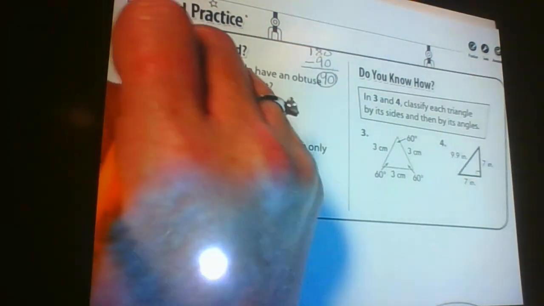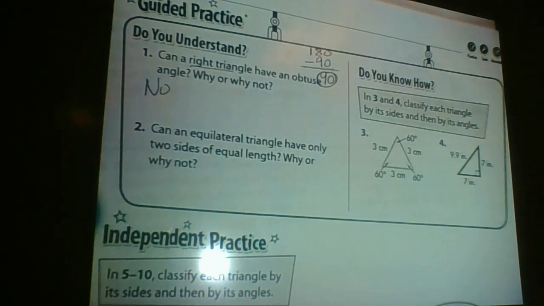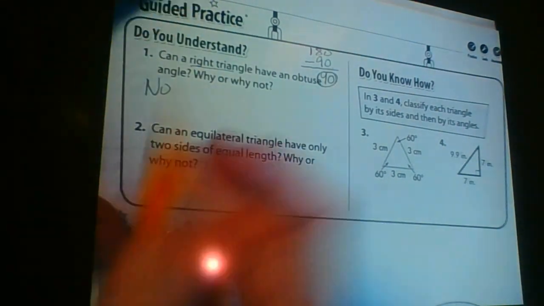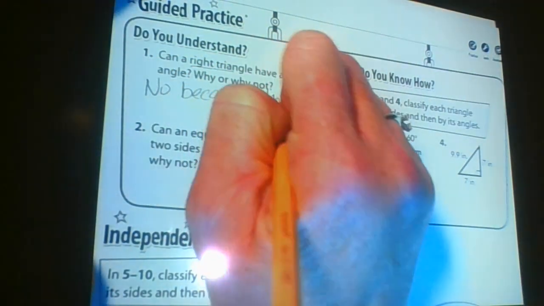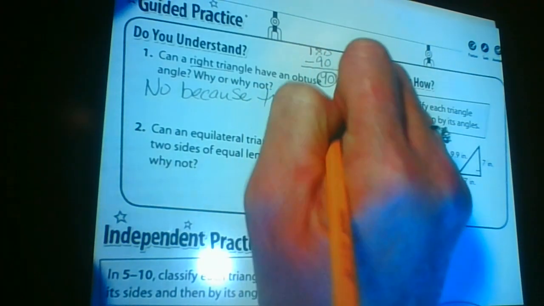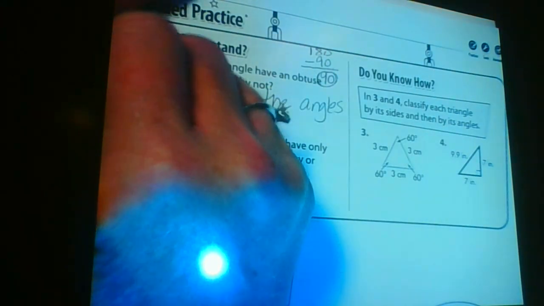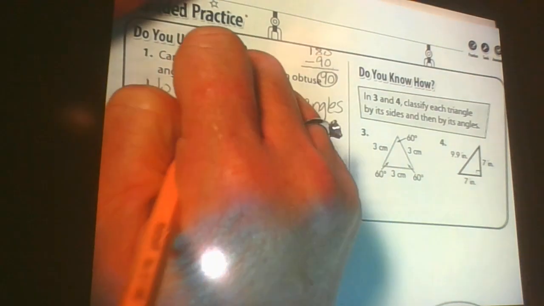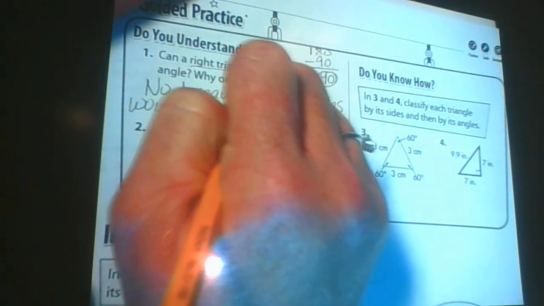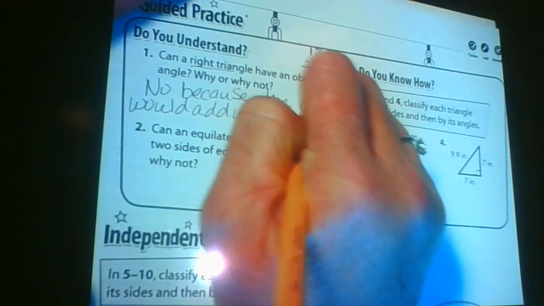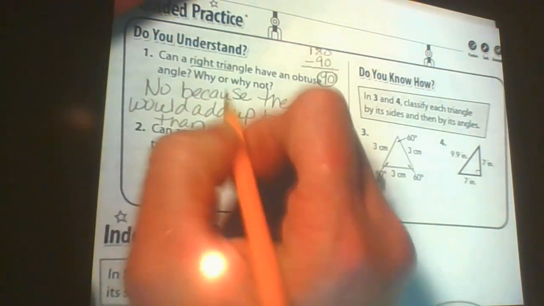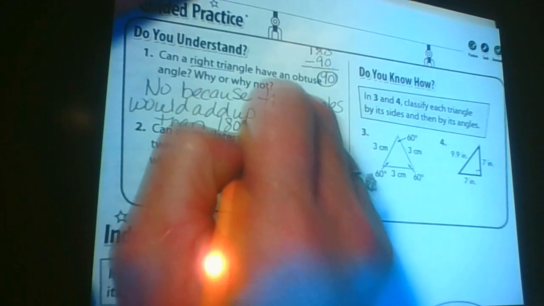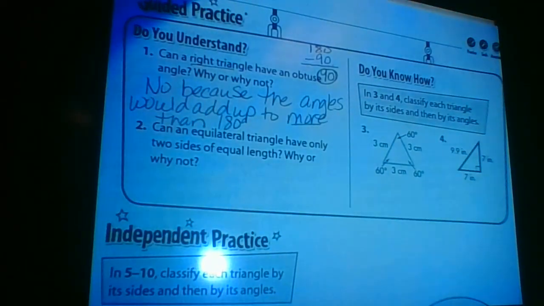So the answer is no. My right triangle cannot have an obtuse angle because the angles would add up to more than 180 degrees if I were to add an obtuse angle to a right triangle.